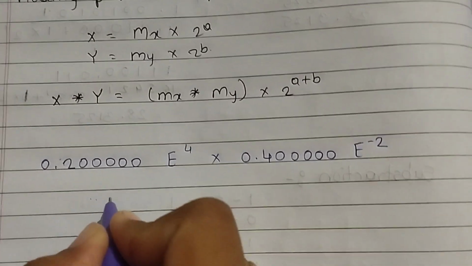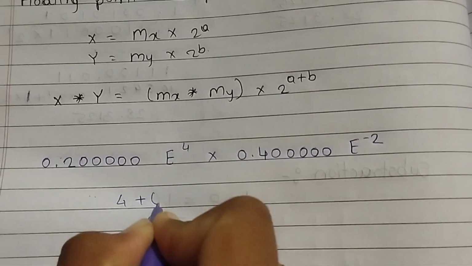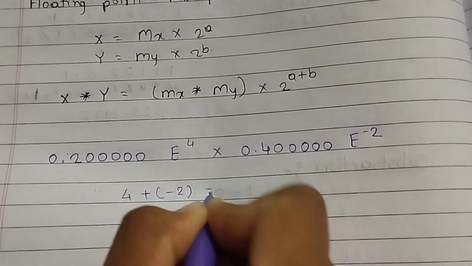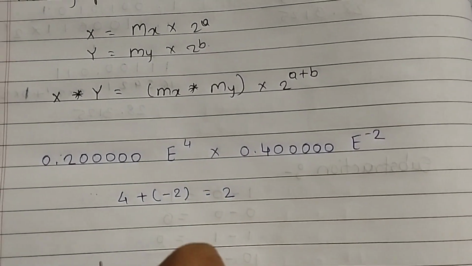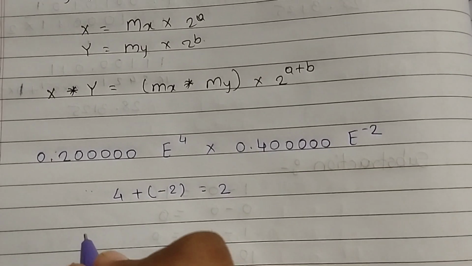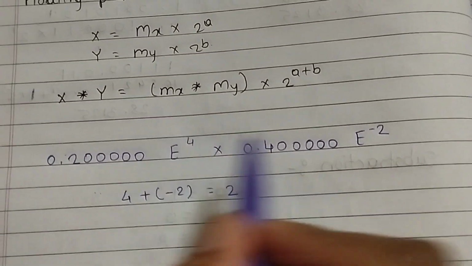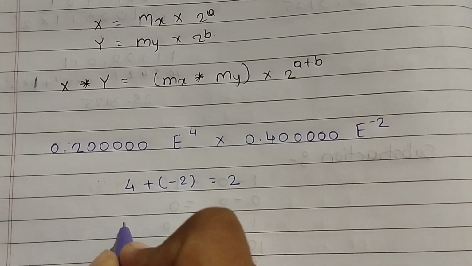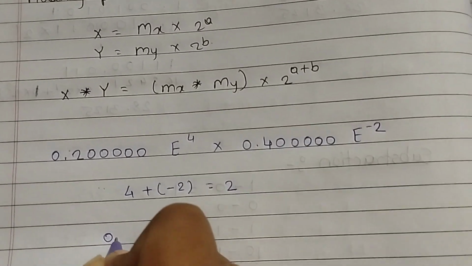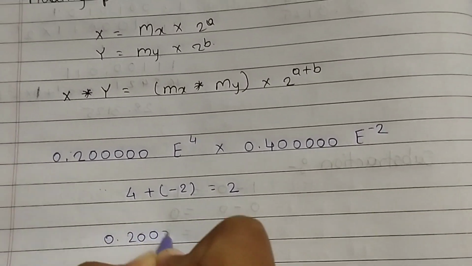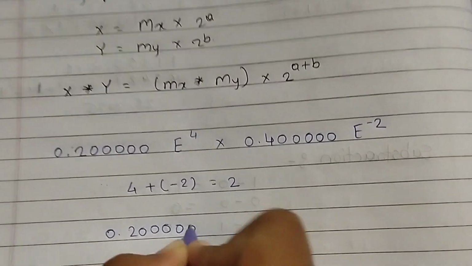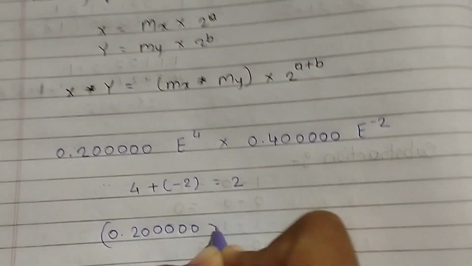So we add the exponents. 4 plus minus 2 is equal to 2. Now the second step, multiply the mantissas. So 0.200 into 0.